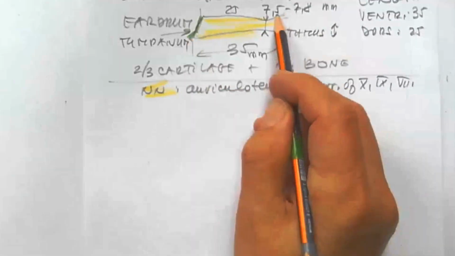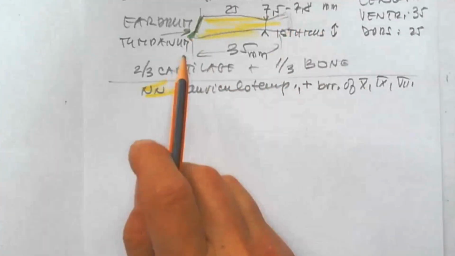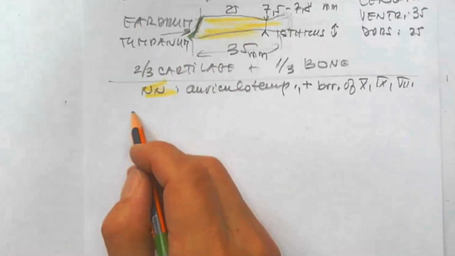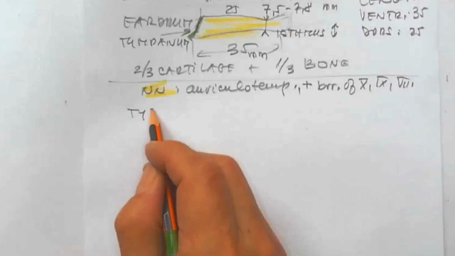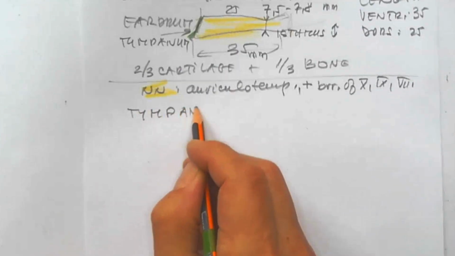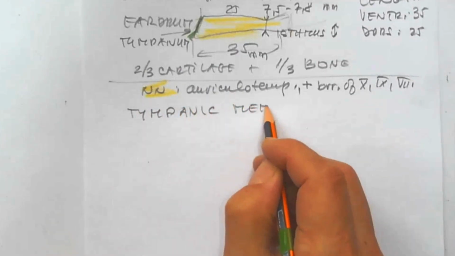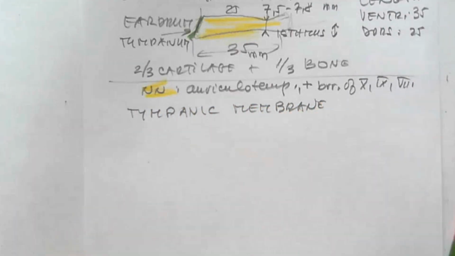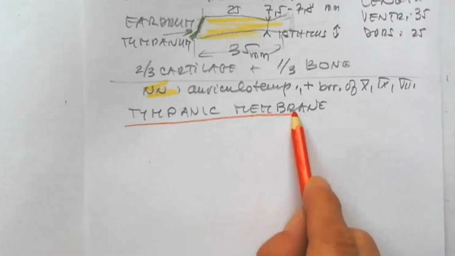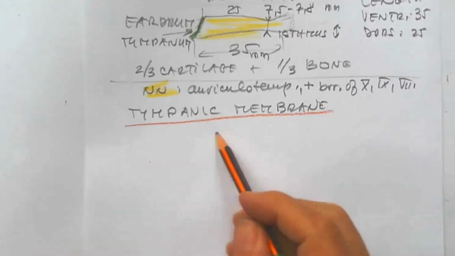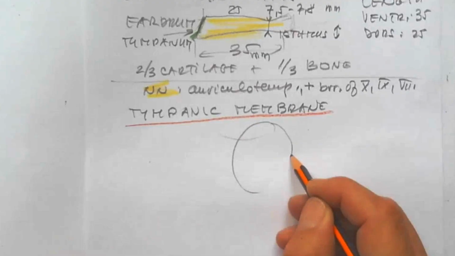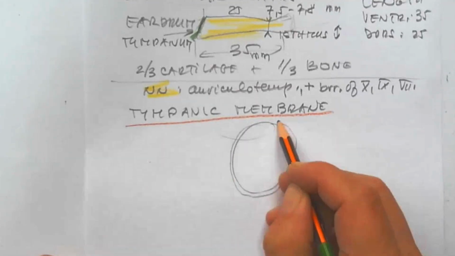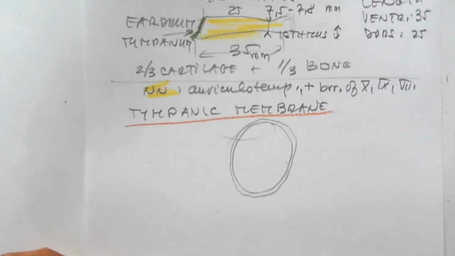This external portion, and at the end lies the eardrum, the tympanic membrane, as we can look from the external side, lies within a small depression.